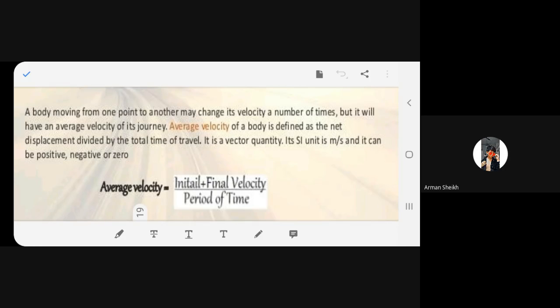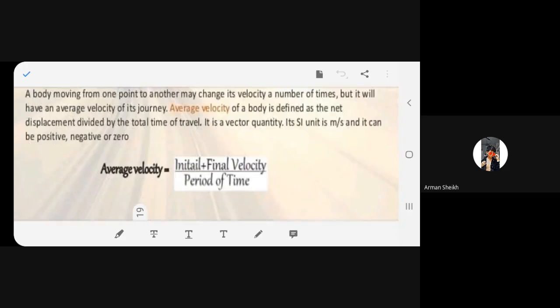What is the average velocity formula? Average velocity is equal to initial plus final velocity upon the total period of time.